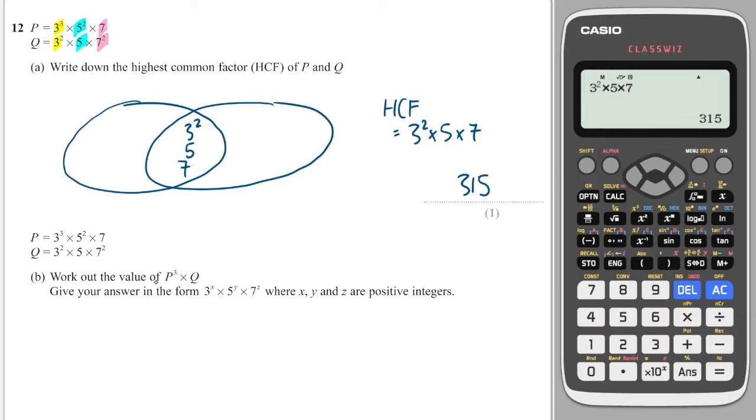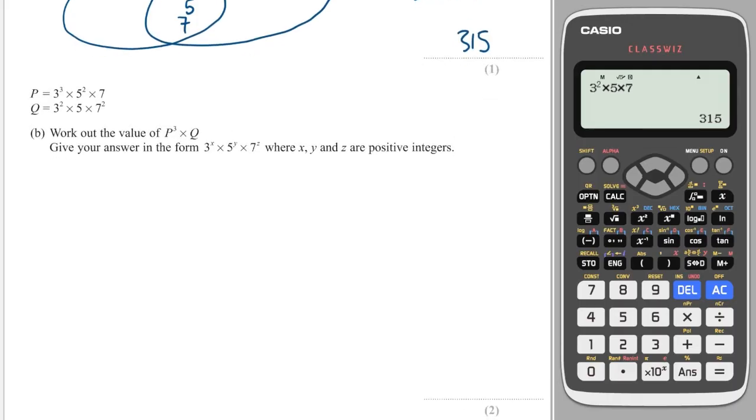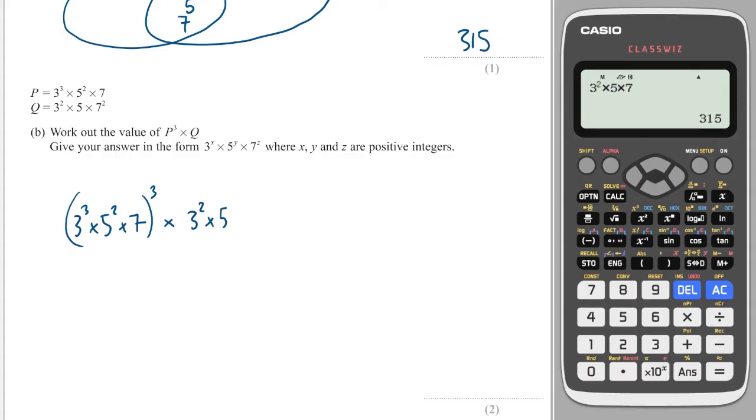Okay, now it says work out the value of p cubed times q. Okay. So p cubed will be 3 cubed times 5 squared times 7 cubed, and then times that by q, which is 3 squared times 5 times 7 squared.